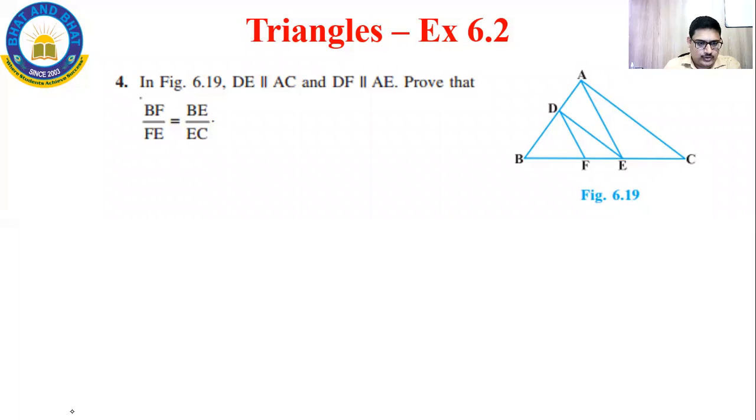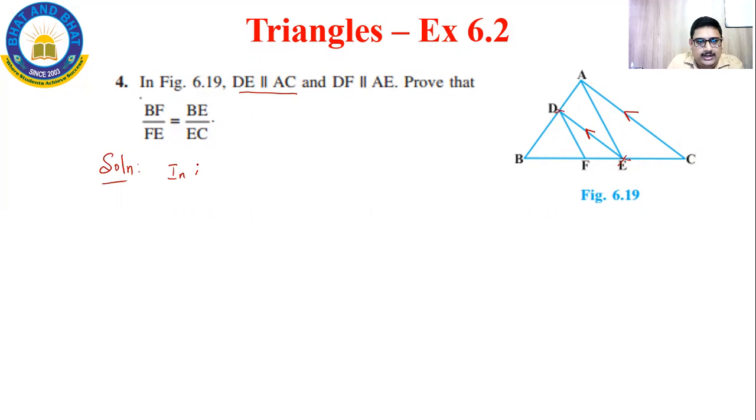Okay. So in figure 6.19, DE is parallel to AC. So which triangle should I consider, students? DE is parallel to AC means D is one intersection point, E is another intersection point. That means triangle ABC I should consider.